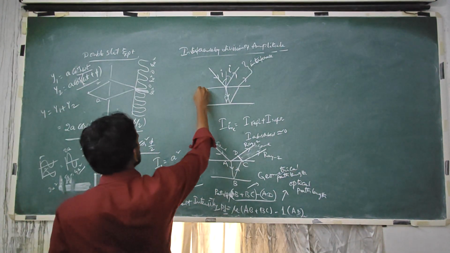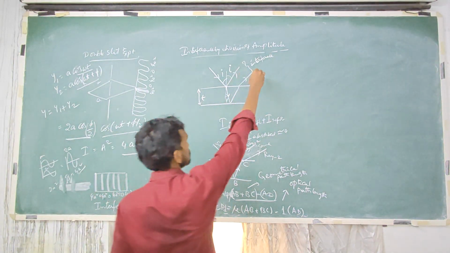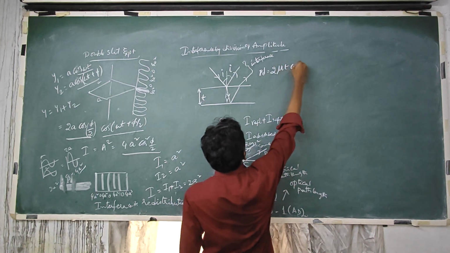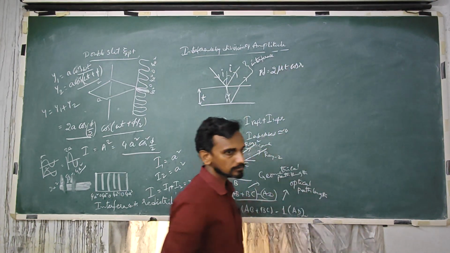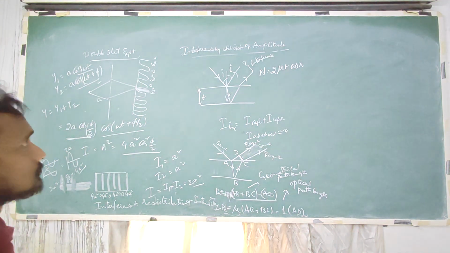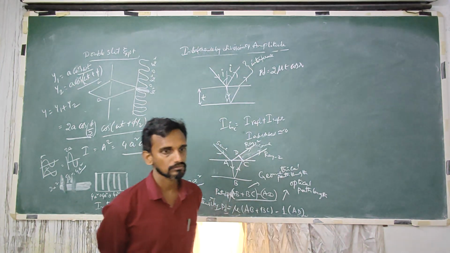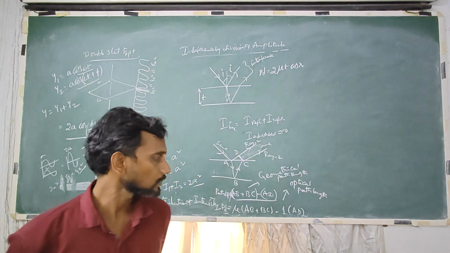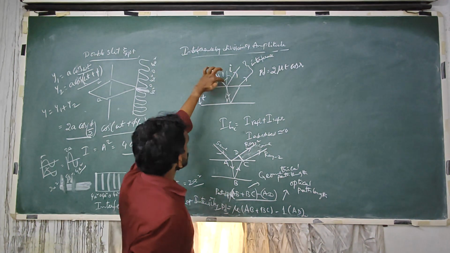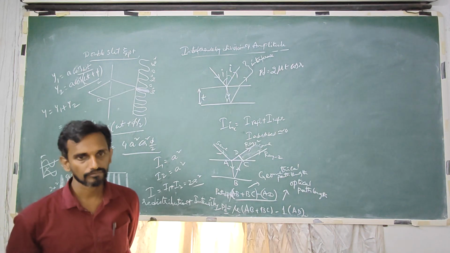So if you consider this thickness as t, the path difference will be equal to 2 mu t cos r. We have to consider an additional path difference due to reflection.